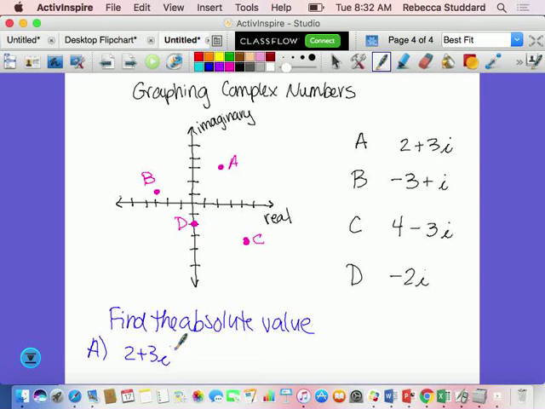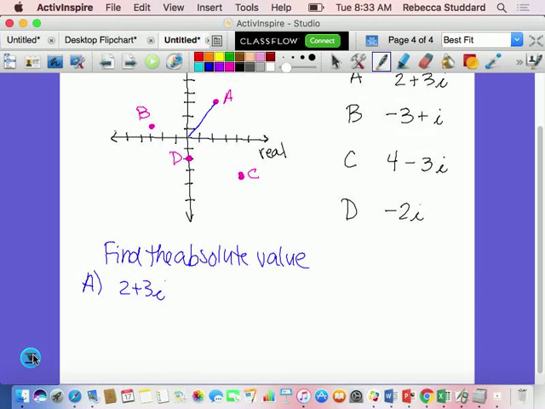CJ? How far a number is from 0. So if we're doing A, we see how far it is from 0. See that blue line right there? That's how far it is from 0. I can find the distance between those 2 points.